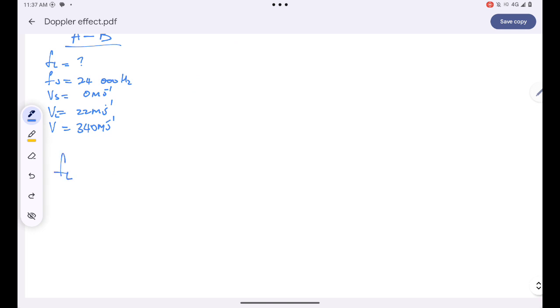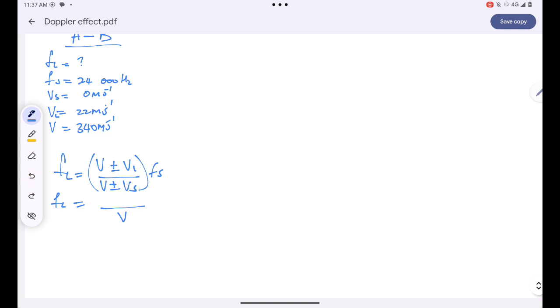I'll simply say FL is equals to V plus or minus VL all over V plus or minus VS times FS, right? We're dealing with FL. My denominator will only have the speed of sound. Why? Because the velocity of the source, which is the device, is stationary.